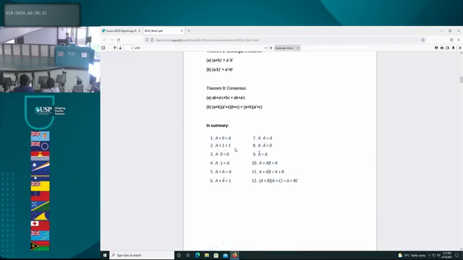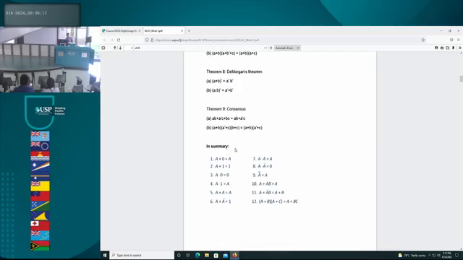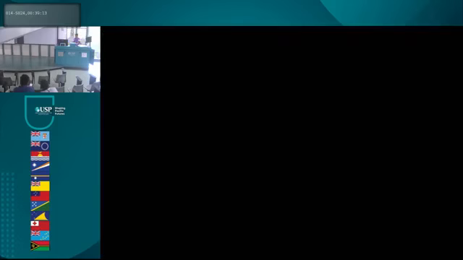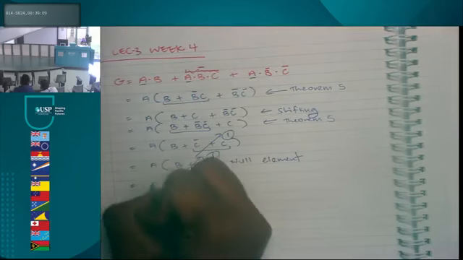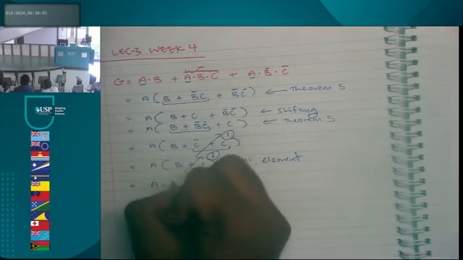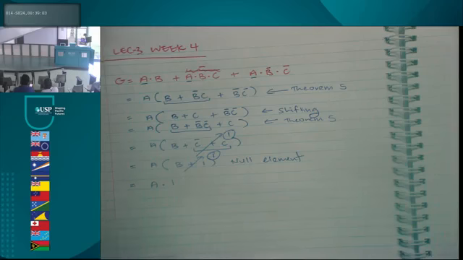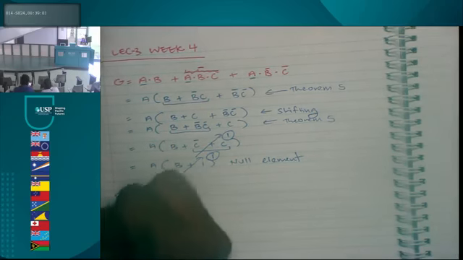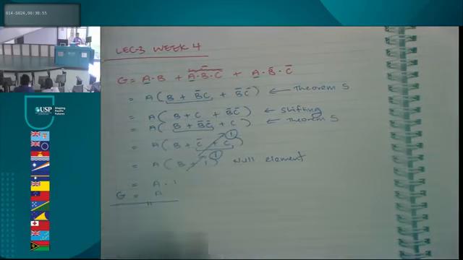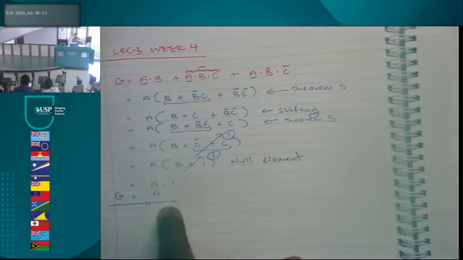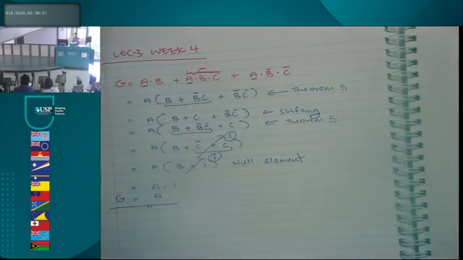Okay, this is the null element. So now we are just left with A and 1. This is same as A, okay? So basically, from such a big expression, we have simplified to just A, the input A. So that's how the theorems and the shifting of the properties work, okay?